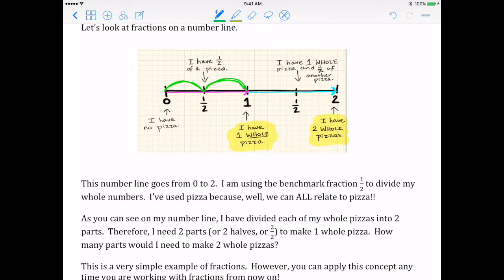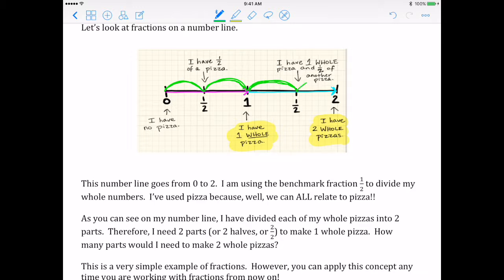So how many parts would I need to make 2 whole pizzas? Well, again, if I start at my 1 and I go from 1 to the half mark, which would represent 1 and 1/2.